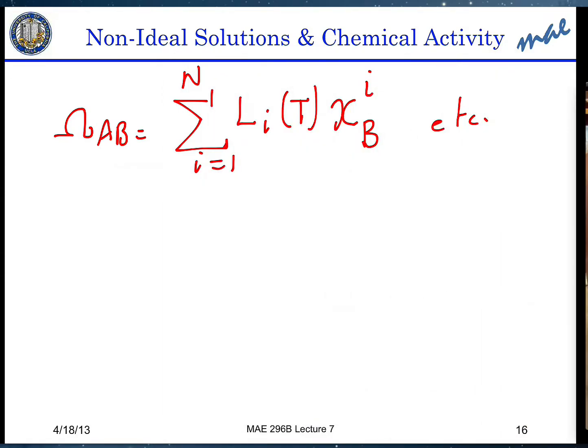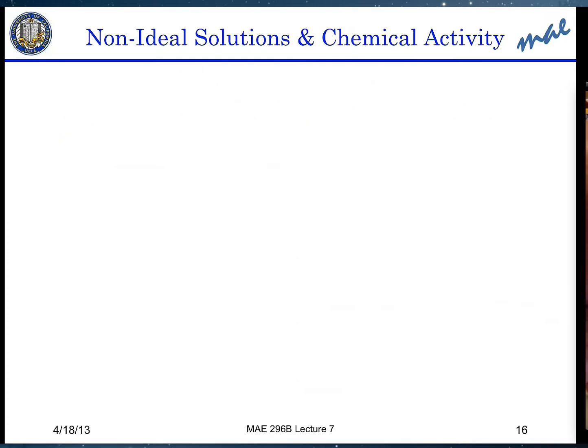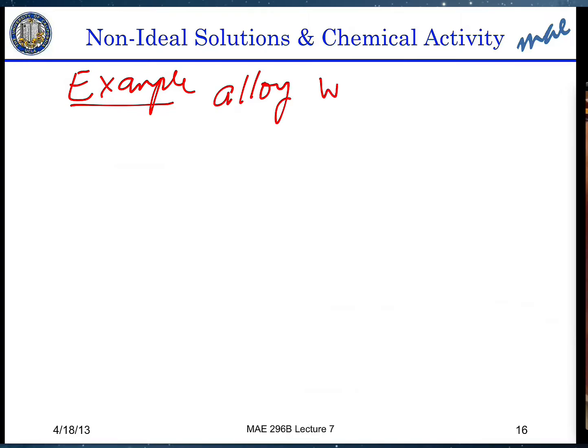In this example we have an alloy, and this alloy is tungsten and iron.